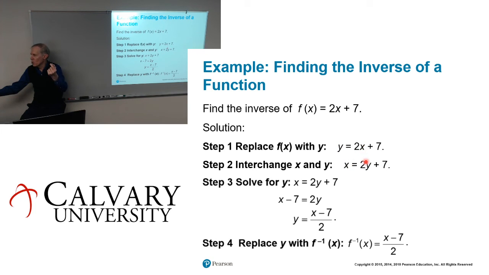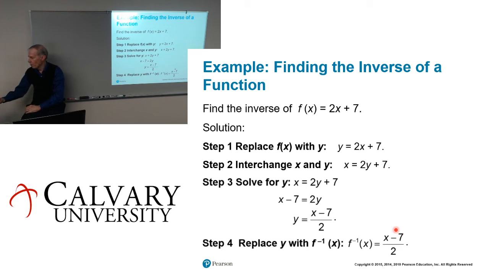Where the x is, you put a y. Now you have a new function right here, new equation, but you solve that equation for y. So to do so, you have to take the 7 over to the other side and then divide by 2, and so then you would get y equals x minus 7 divided by 2, and that is the inverse function.